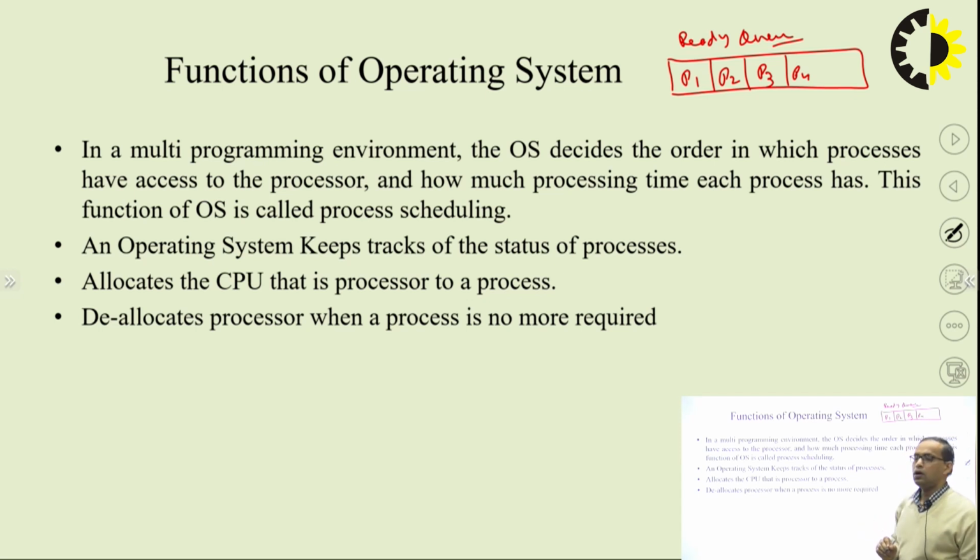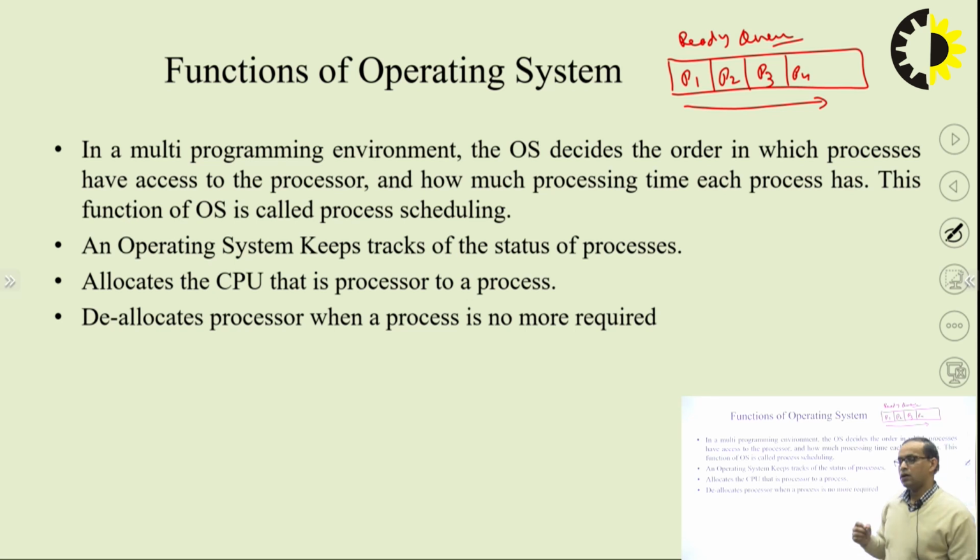At a particular instant of time, if 4 processes are available in main memory and we have to execute these 4 processes, what will be the order of execution? It means, will process P1 start to execute first, or process P3, or process P4? The order in which these processes will be executed is known as scheduling. Every operating system uses CPU scheduling algorithms to decide the order of execution of the processes.